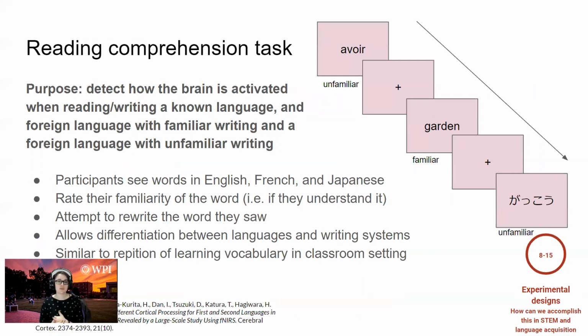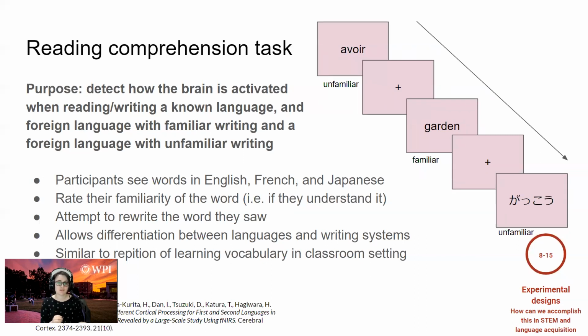And then going into our language acquisition tasks, we have a reading comprehension task set up, which is to detect how the brain is activated when reading and writing a known language and a foreign language, both with familiar writing systems and unfamiliar writing systems. Participants will see words in English, French, and Japanese, which are the same words you're seeing on the side right now.